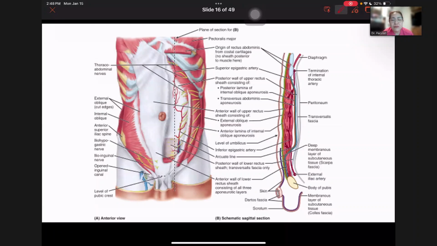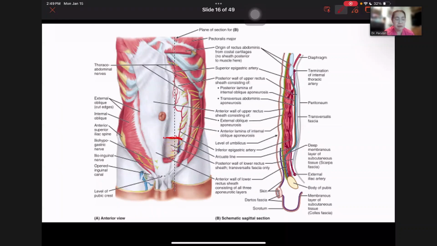Okay? So this 1/3. Posteriorly, after this one, this is the 1/3 I'm talking about. There is a thin transversalis fascia to cover the rectus abdominis muscle at this level.